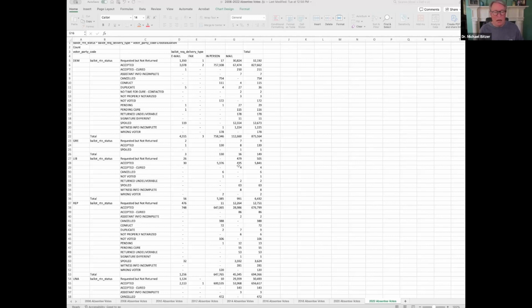So white, non-Hispanic, Black, African American, non-Hispanic, Hispanic, Latino, and then all other races, unknown and unreported. Same basic dynamic. You can see then the percentages in terms of how for each vote method, various racial ethnic groups participated in that particular vote method.